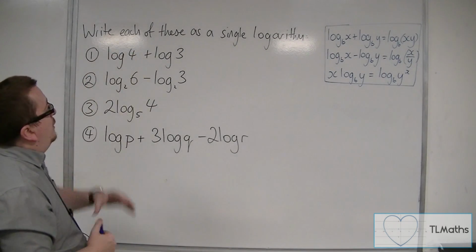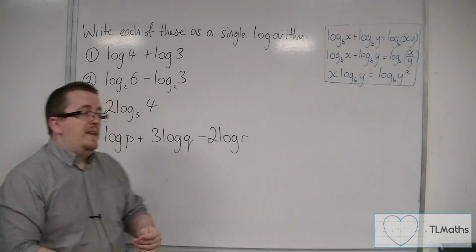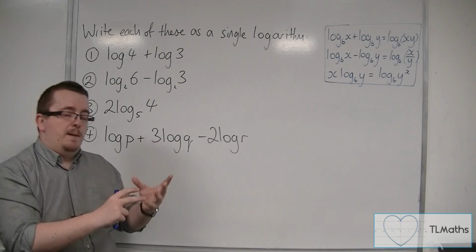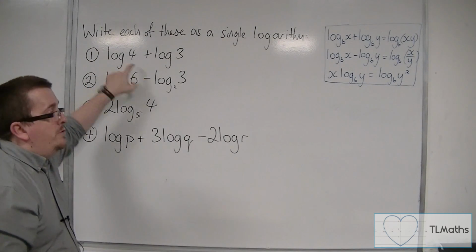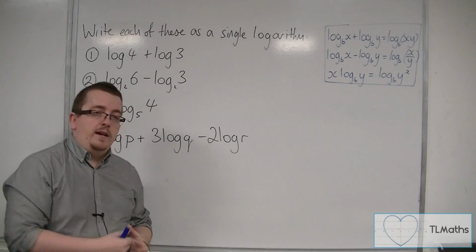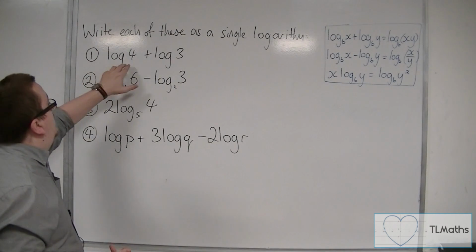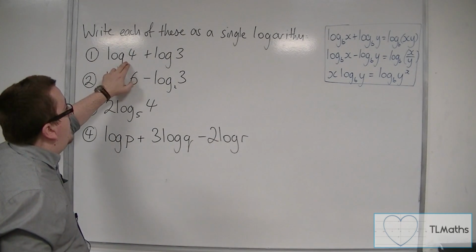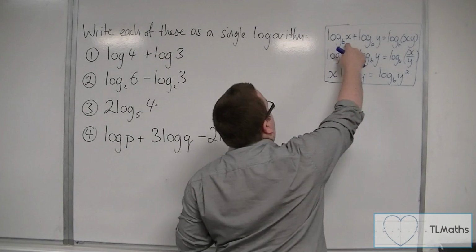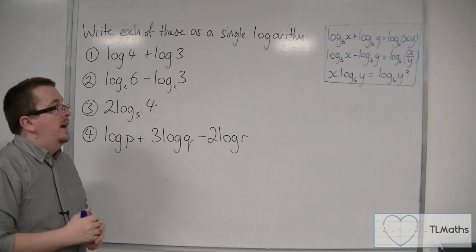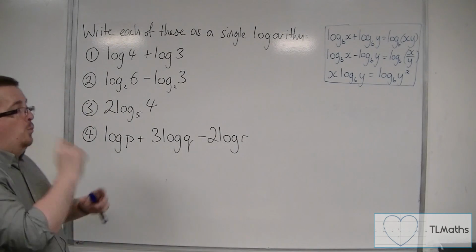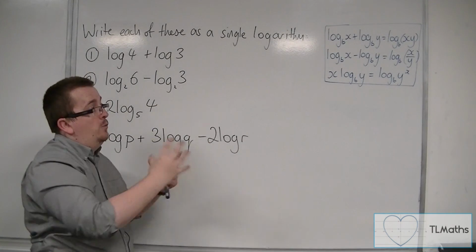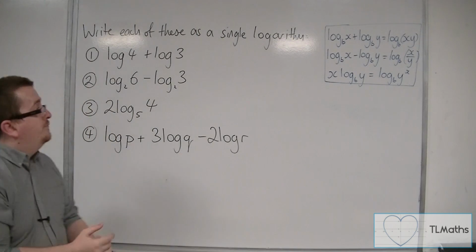Log of 4 plus log of 3. Now remember that if there is just log of a number, or log of a letter, and there's no base number here, it's taken to be 10. So the fact that there is no number there, but there is a number here, shouldn't get alarm bells ringing. If the laws work for one base, then they'll work for any base.